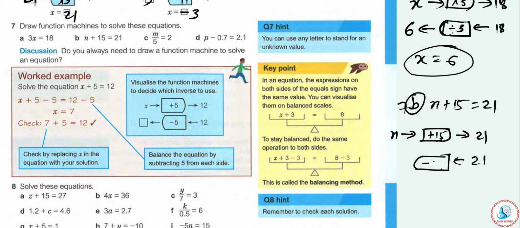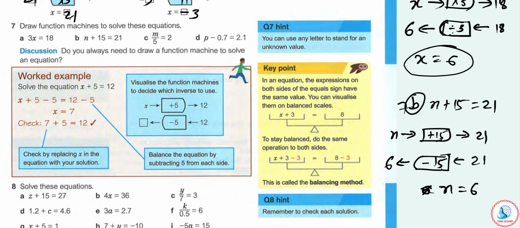For plus it is minus 15. So minus 15 on 21 will give you 6. So the value of n is 6. So the value of x here is 6 and the value of n here is 6.